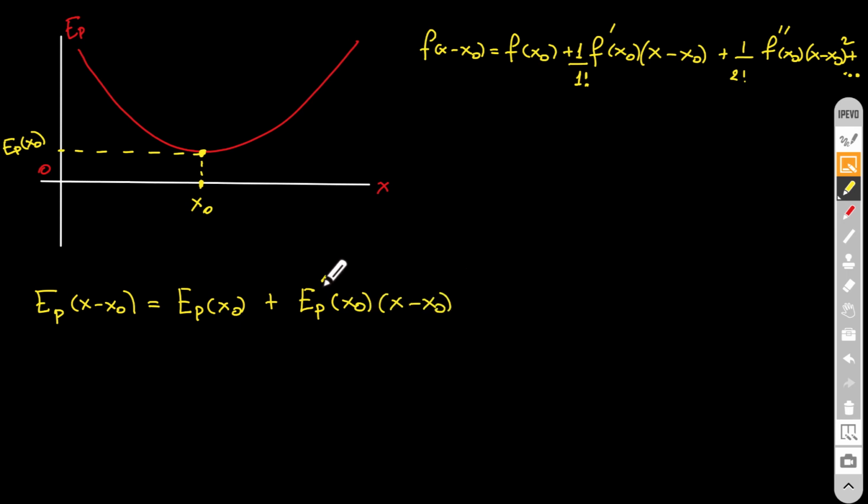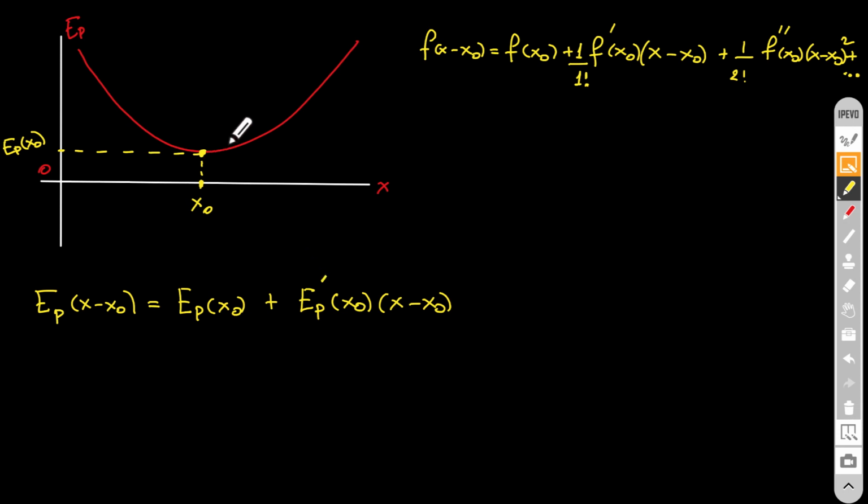Now I'm going to think about this. When I have the derivative of my potential energy, since I am expanding the potential energy around the minimum, I know that at the minimum at x naught, the derivative is going to be 0.